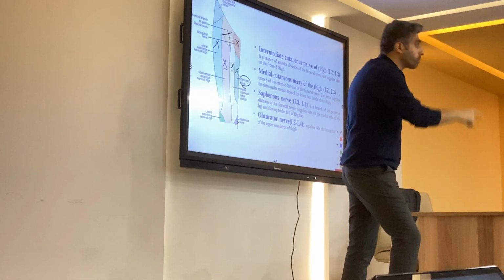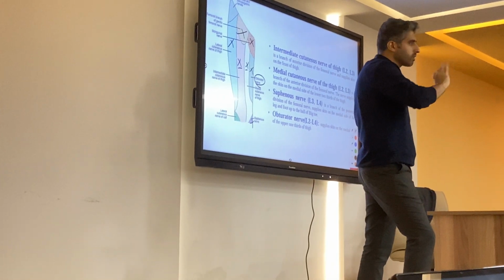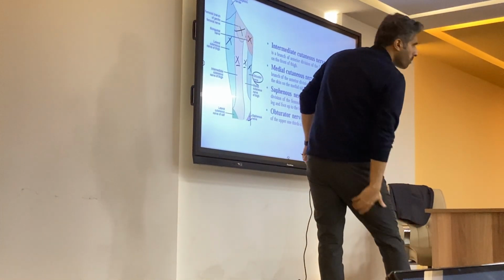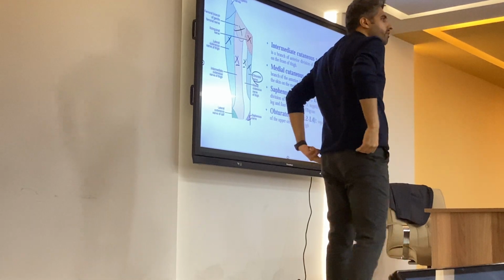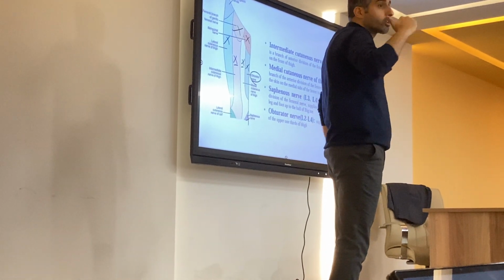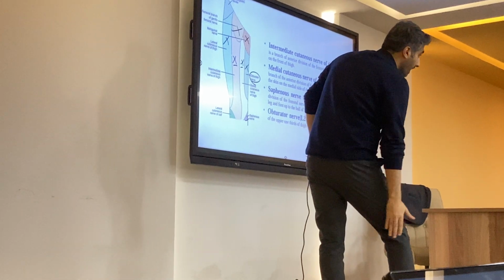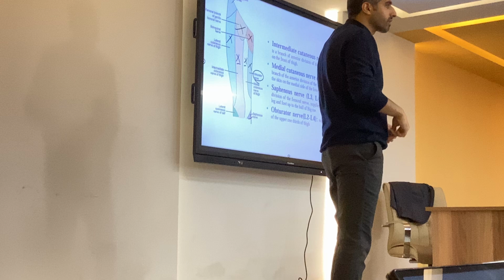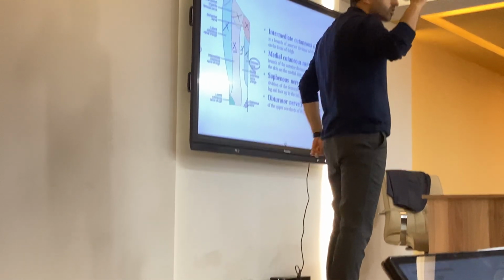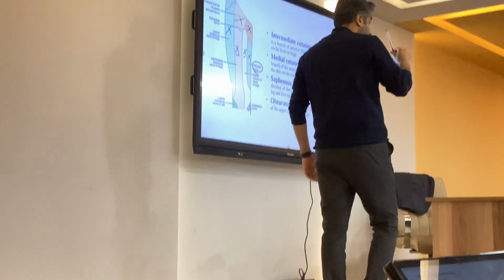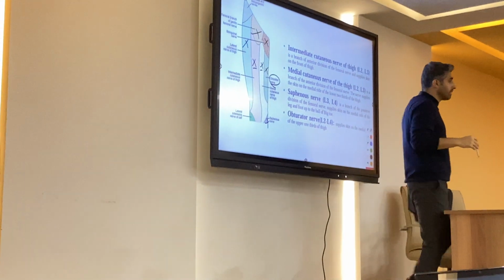Medial compartment, obturator nerve, motor and sensory function. Posterior compartment, what is the nerve? From the sacral plexus, not the lumbar plexus. Posterior side of the thigh and leg, you have the sacral plexus. And the most important nerve, sciatic nerve. It's from the sacral plexus. Next session.